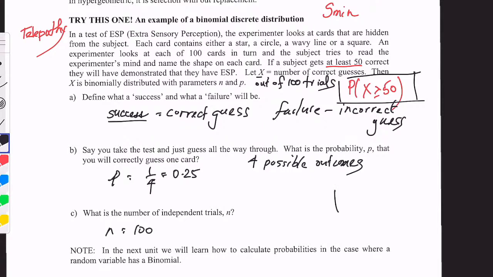So X is binomial, N is 100 and P is 0.25 or 1/4. And again, we cannot answer the question, but you'll see in the notes that I'm going to use this example again, and we're actually going to answer that later on. Okay? Questions?